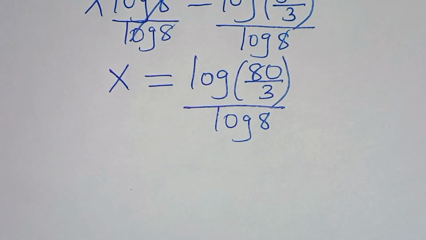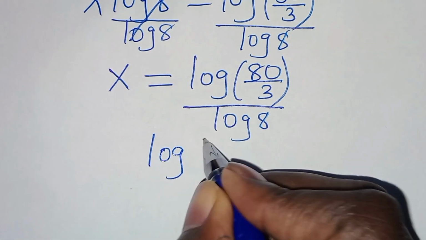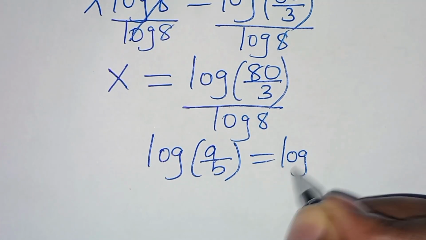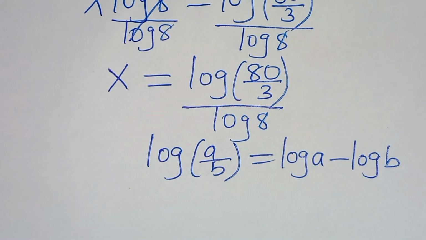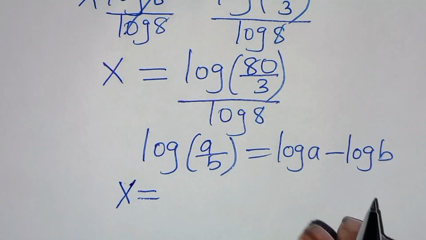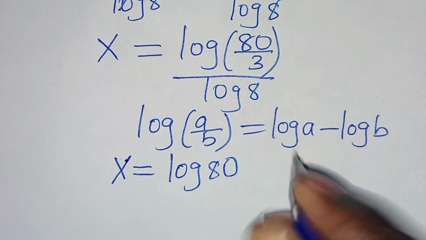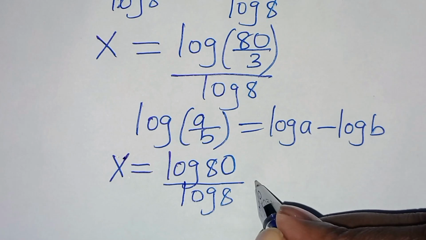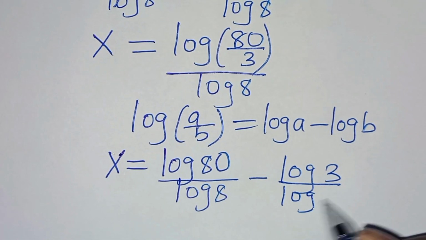The next step is that log 80 over 3, this is in the form of log a over b, which we can express as log a subtract log b. Now, this implies here that we have x is equal to log 80 divided by log 8, then subtract log 3 divided by log 8.